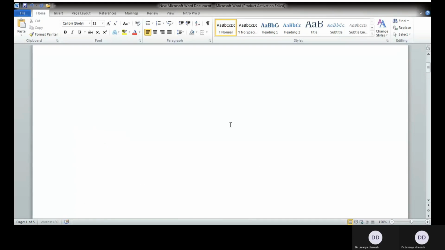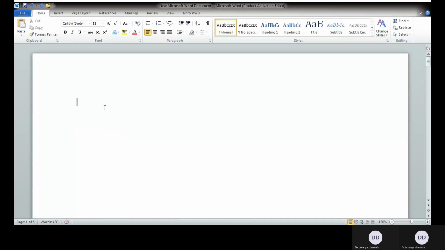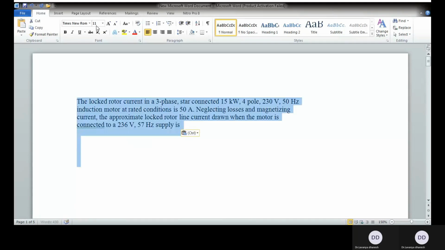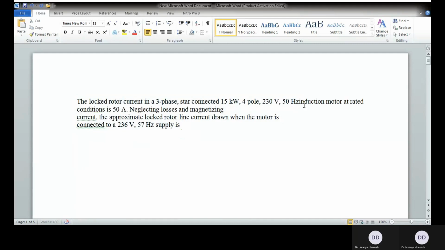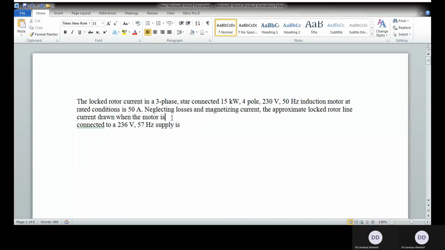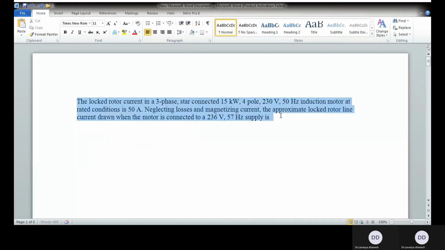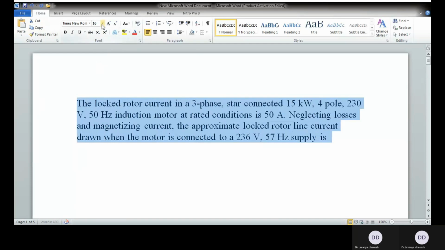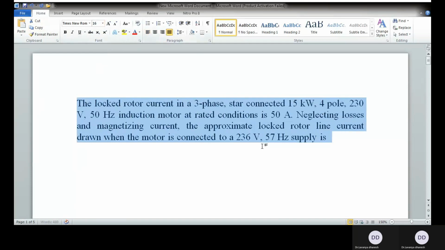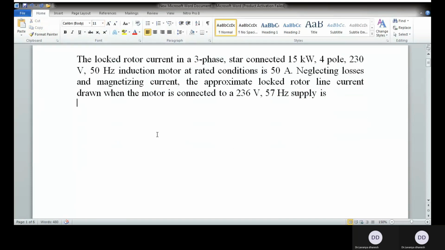So the question, I'm just pasting it. This is the question given. So first we have to write the given data.